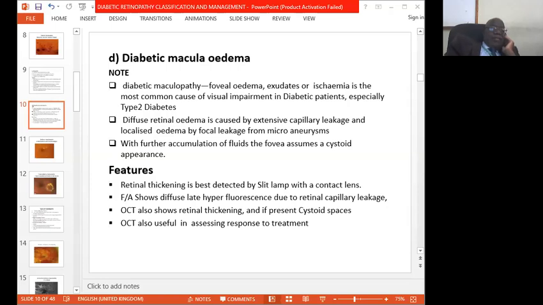Diabetic macular edema. We've done that. Features: any edema normally will lead to thickening of the retina, and the retinal thickening is best detected with a slit lamp and a contact lens. When we say contact lens, we're talking 90D, 78D.